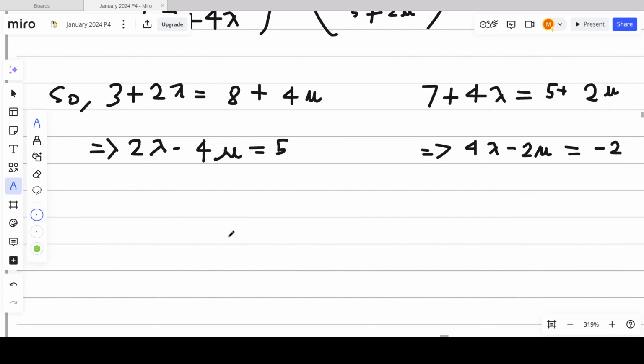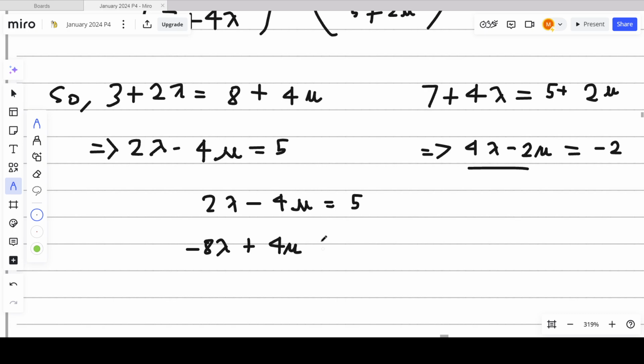I'm solving the simultaneous equations using the elimination method. If you multiply this equation by negative 2, it becomes negative 8 lambda, plus 4 mu.